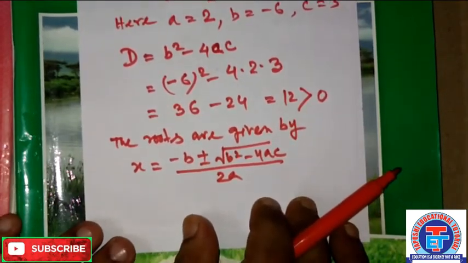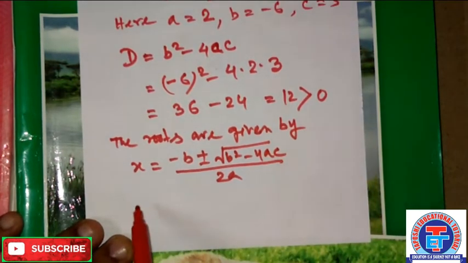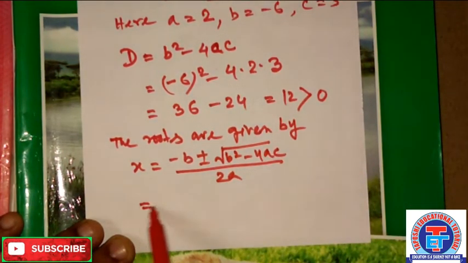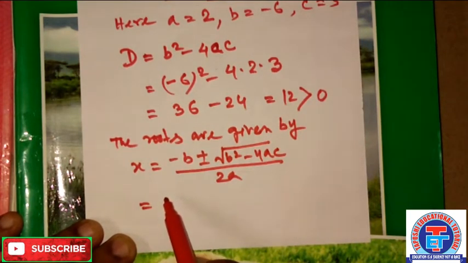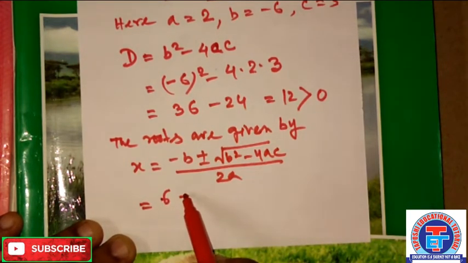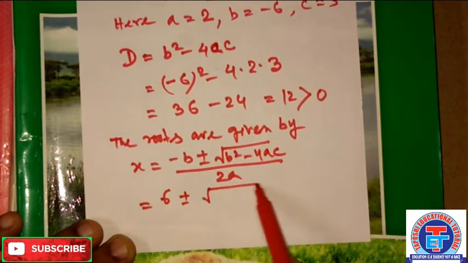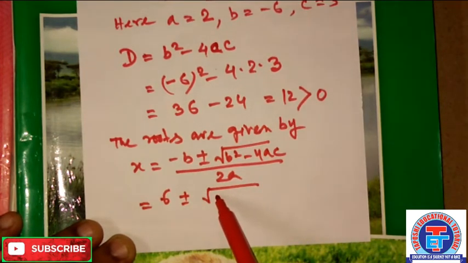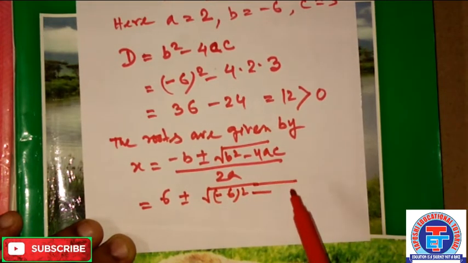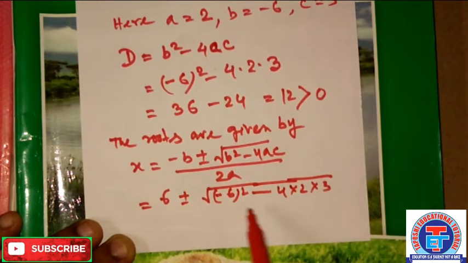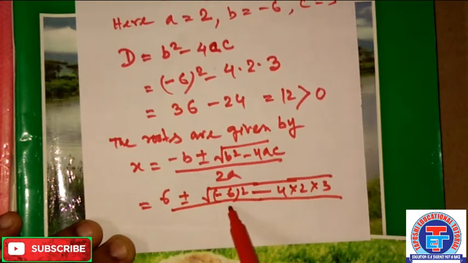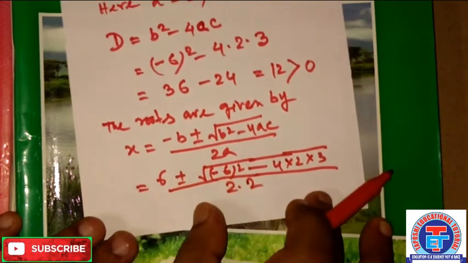So we put this value, then it will become minus plus 6, it became this one plus minus, we can write root over minus 6 its whole square minus 4 into 2 into 3 divided by 2 into 2, right?